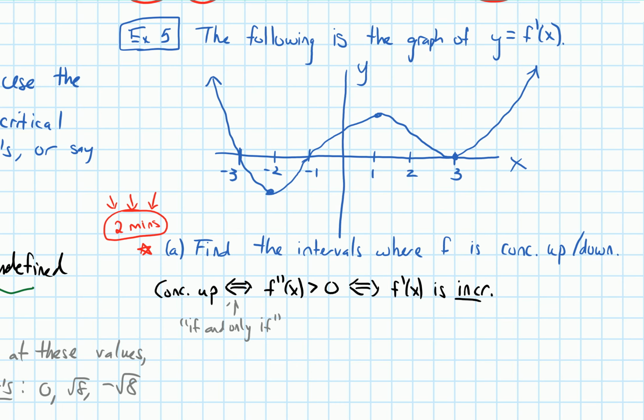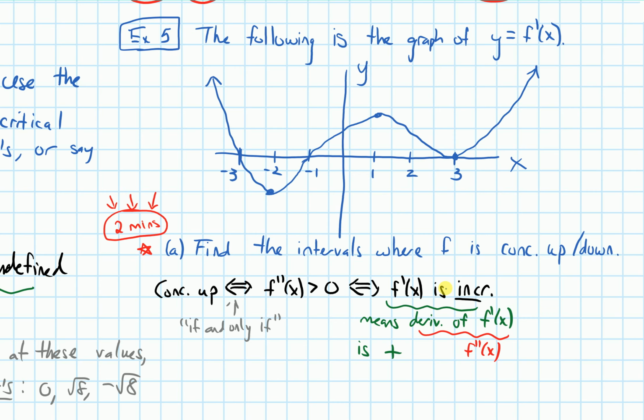The reason for that is, think about this graph as just a function. When this function is increasing, that means its derivative, the derivative of f prime, aka the second derivative, is positive.